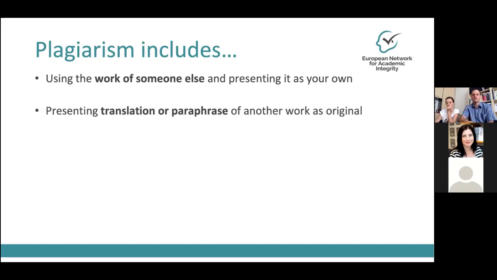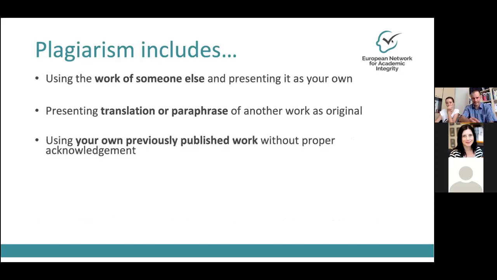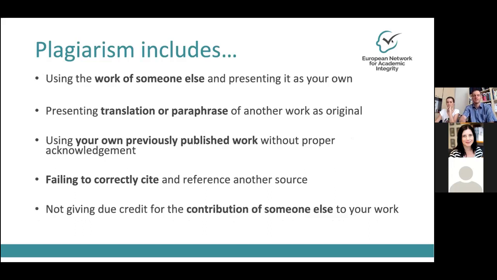It also includes translation or paraphrase. As I said, not only the text is important, ideas matter. If you use your own previously published work without proper acknowledgement, you commit self-plagiarism. And failing to correctly cite and reference another source also fits the definition.